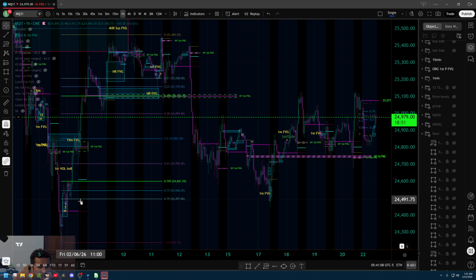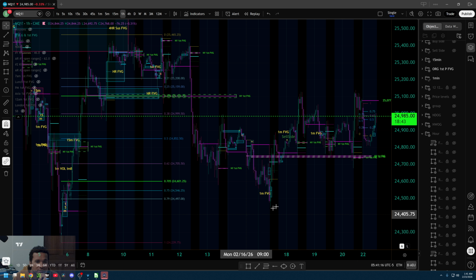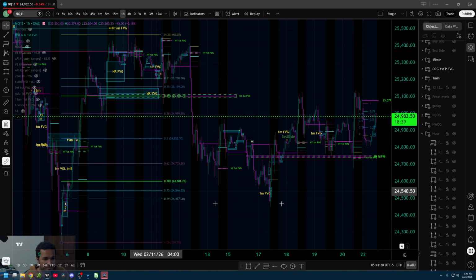So it stays just above the low of February 6th opening range gap on the 17th. Friday the 13th respects the 6th midpoint of the opening range gap.